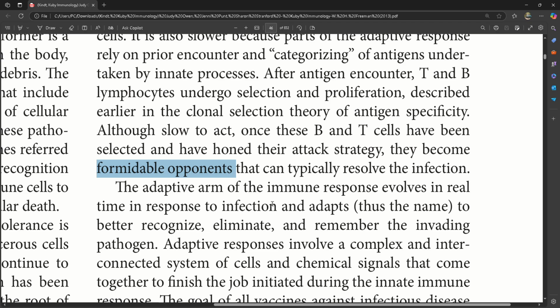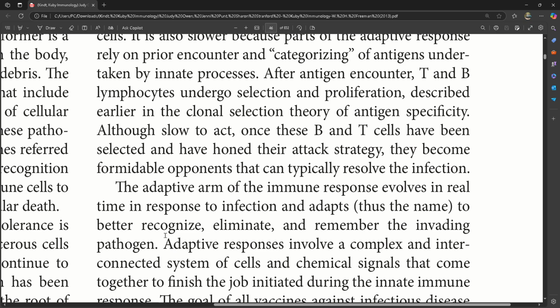So the adaptive arm of the immune response evolves in real time in response to infection and adapts to better recognize, eliminate, and remember. So adaptive immunity is very good, although it takes more time initially, but it has this ability to recognize, to eliminate, and to remember the invading pathogen, so that even if that pathogen comes after 1 year or 2 years or 10 years or 20 years, the adaptive immune response will be ready to cope with that pathogen.